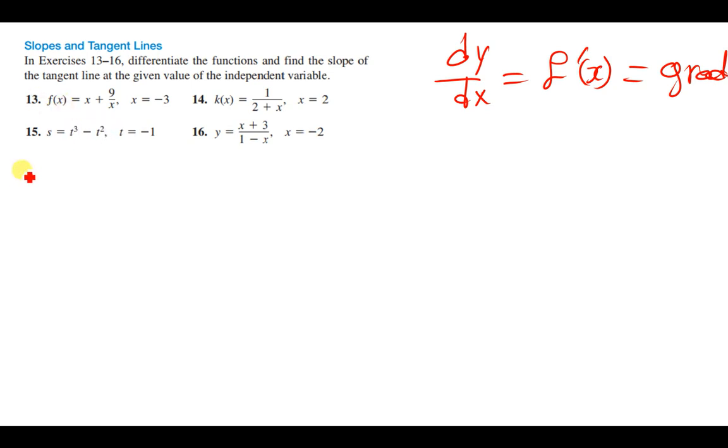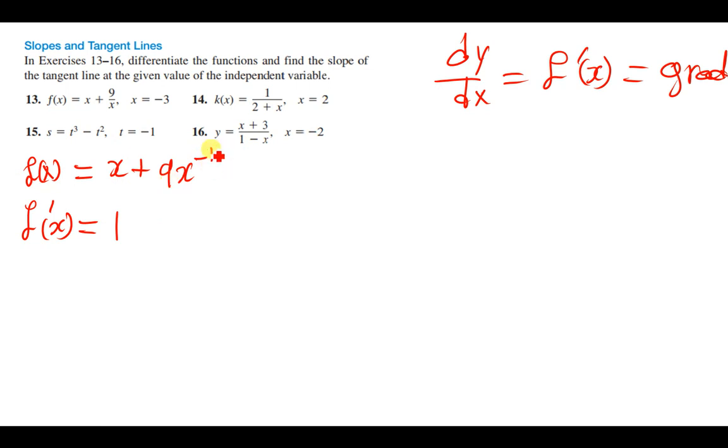The first one is f of x equals x plus 9 over x, which can also be written as 9x to the power negative 1. To find the gradient function of this expression, we find f prime of x. When you differentiate x, the answer is just 1.